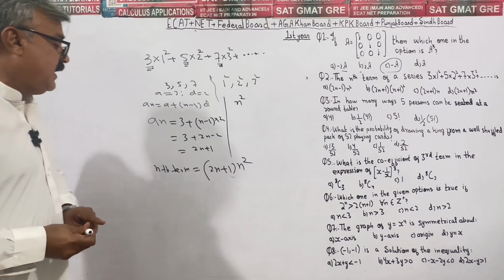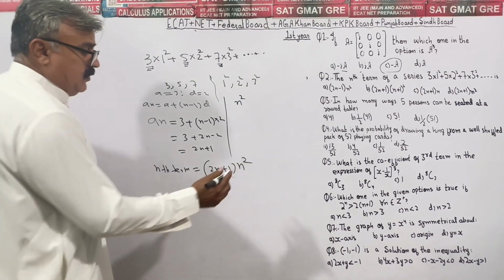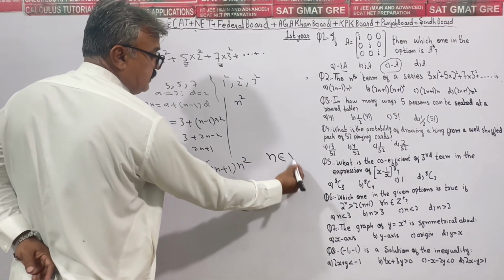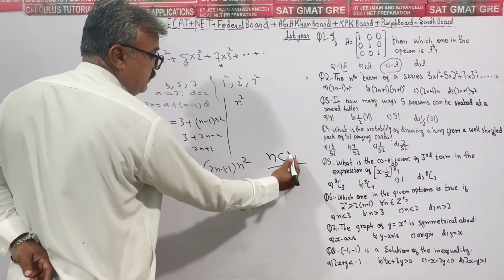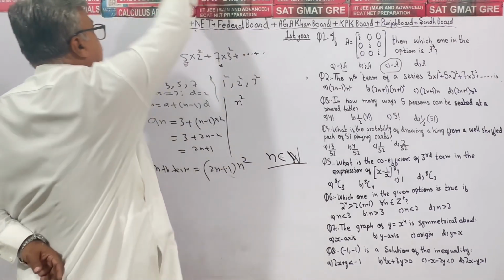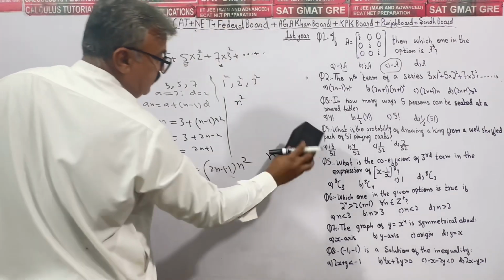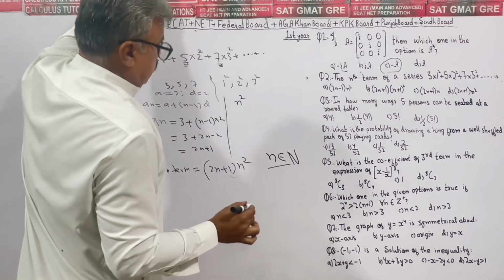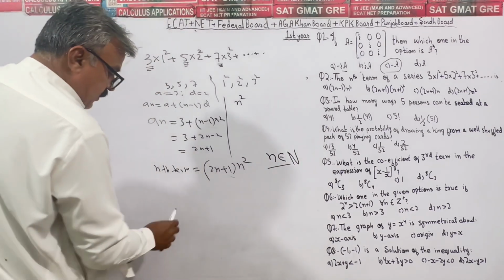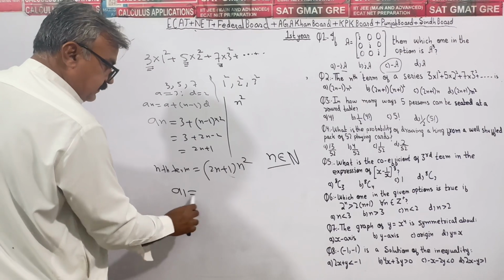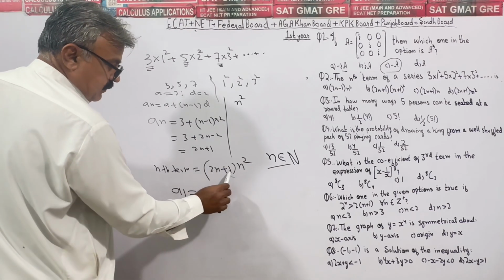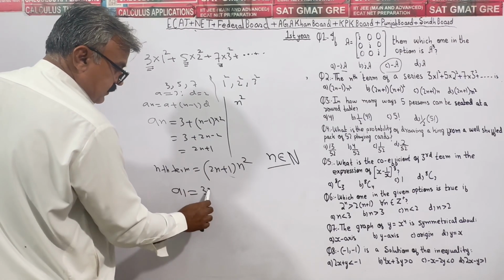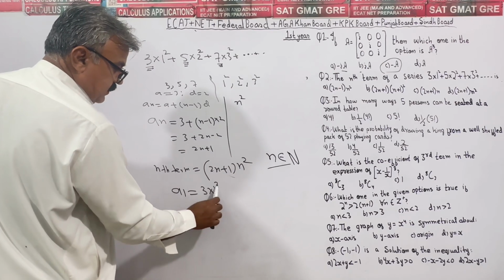One can verify from the options as well. We know that in case of sequence and series, n belongs to natural numbers. Put n equal to 1 for the first term: 2 times 1 is 2, plus 1 is 3, 3 times 1 square.